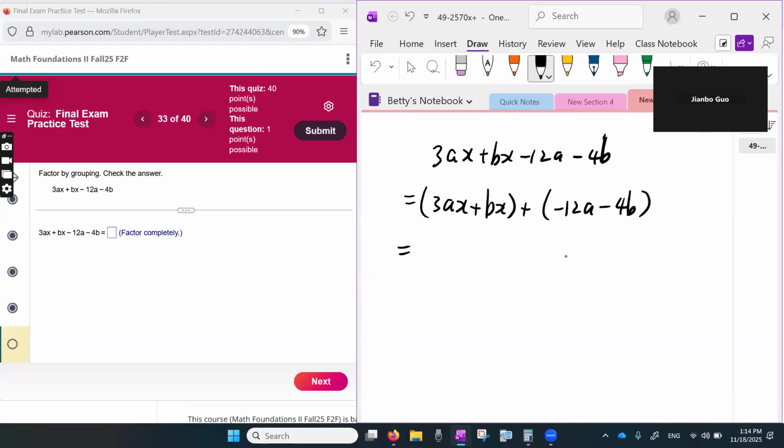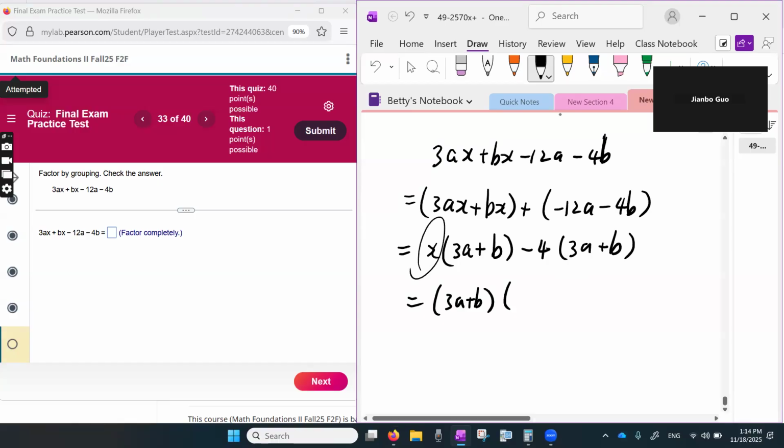The first 2 can factor out x, leaving 3a plus b inside the parentheses. The last 2 are both negative, so we need to factor out the negative GCF, which is negative 4. Then we have 3a plus b. 3a plus b is in common, factor that out. We have x minus 4 inside the second parentheses.